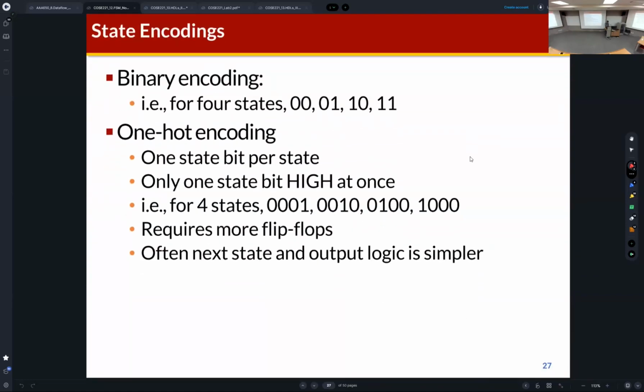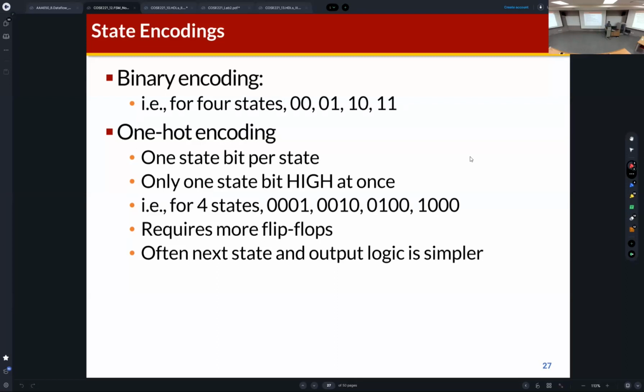Okay, so let's see the different ways of state encoding. In the example, we have 4 different states, right? In order to represent 4 different states, we require 2 bits.